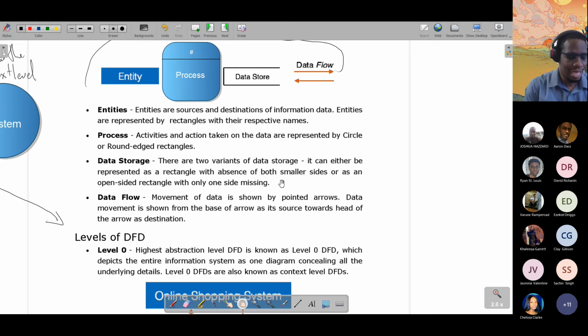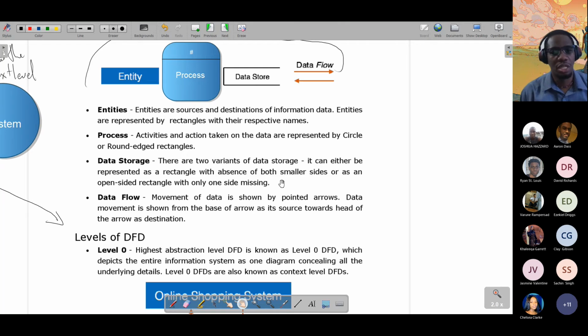Either the process has to output the data to store it, or the process should have converted that data in some manner.